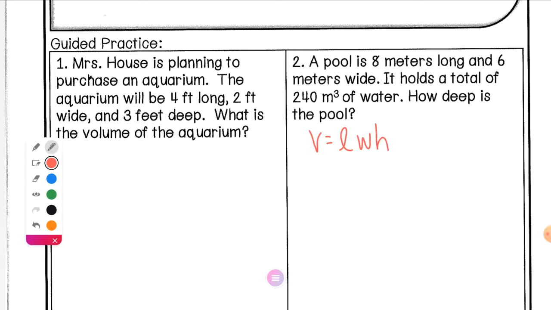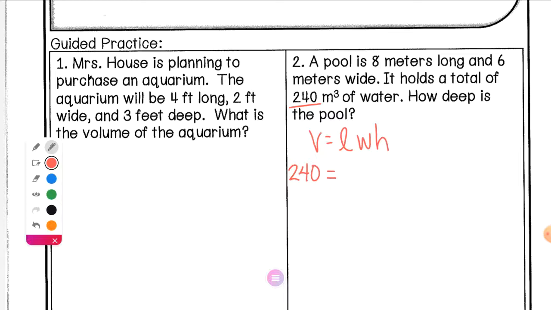Our substituting step will look a little bit different here. Why? Yeah, we have the volume. So in place of V, what am I going to put? 240, because that's not my length, my width, or my height. That is my volume. So I plug it in place of volume.